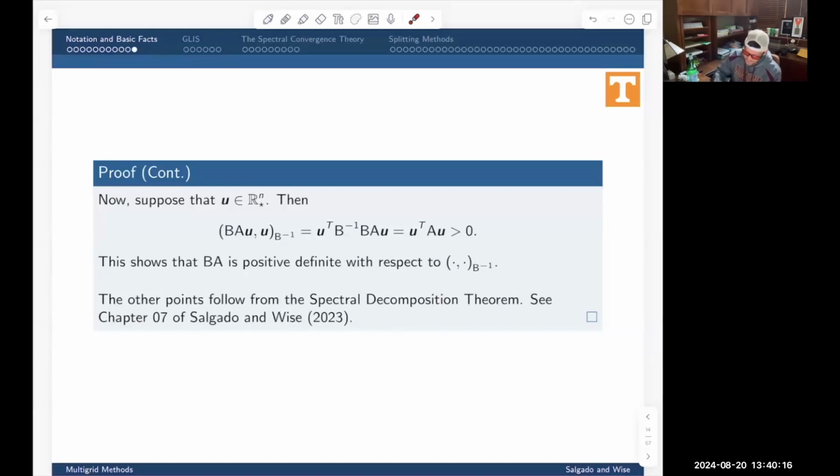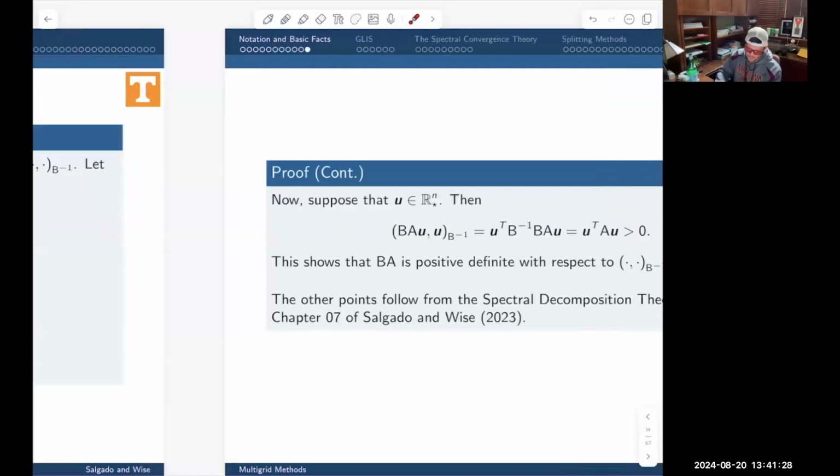And all I'm left with then is U transpose A times U. Why is U transpose A U positive? Where did we use the fact that B is SPD, by the way? B is symmetric positive definite, and B inverse is therefore also symmetric positive definite, which makes this an inner product, which means it's useful.